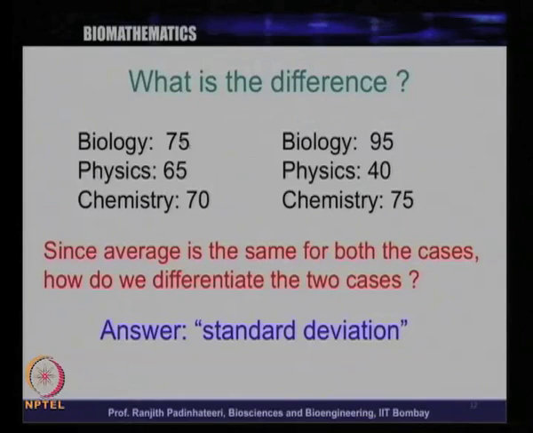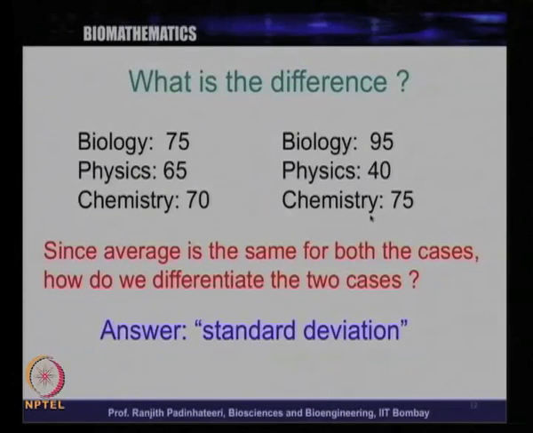So, by looking at this, what would you say? You are pretty much good in everything. You have got 75, 65, so above 60 or close to 70 in everything. So, you are equally good in all subjects roughly, but your friend is very bad in physics and very good in biology. So, biology is like 95 and physics is very low at 40. So, there is some difference between these two, but the average is the same.